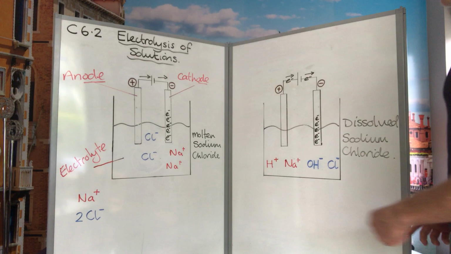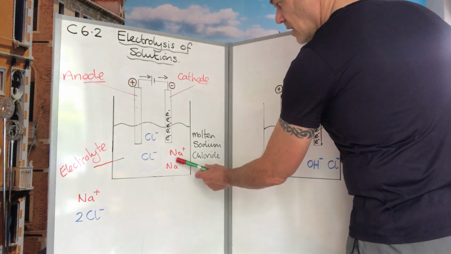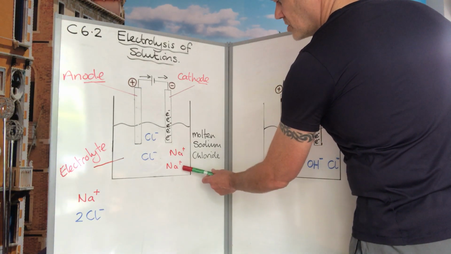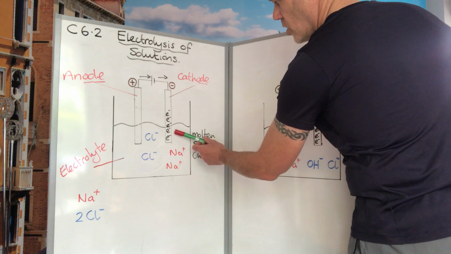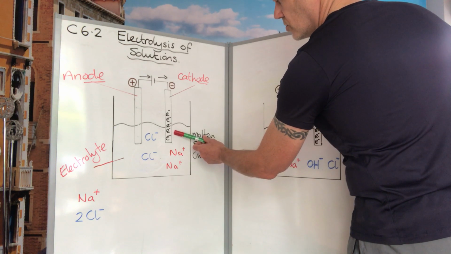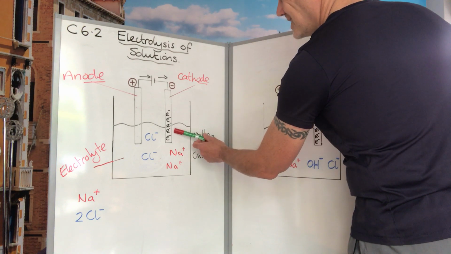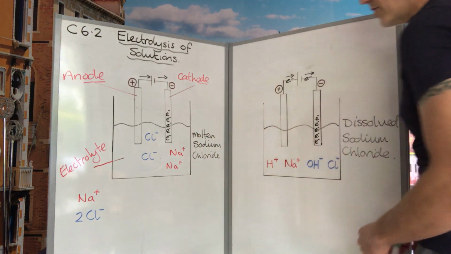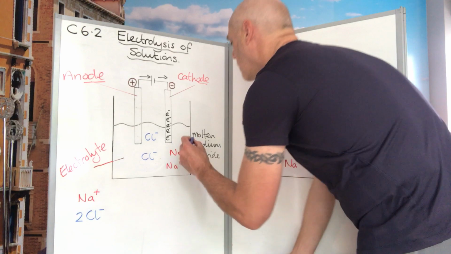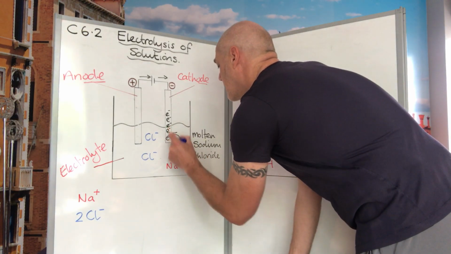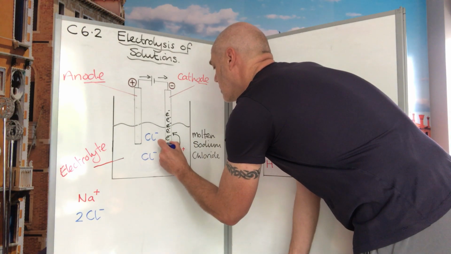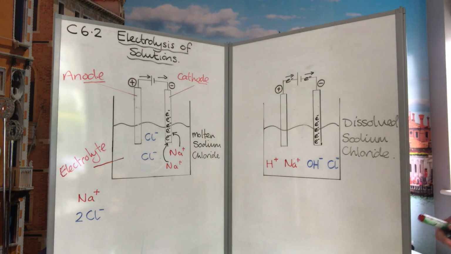Okay? So what happens? Sodium, being positively charged, is attracted to the opposite charge electrode. So the positively charged ions are attracted to the negative electrode, or the cathode. They will move over here and they will migrate and come into contact with that electrode.